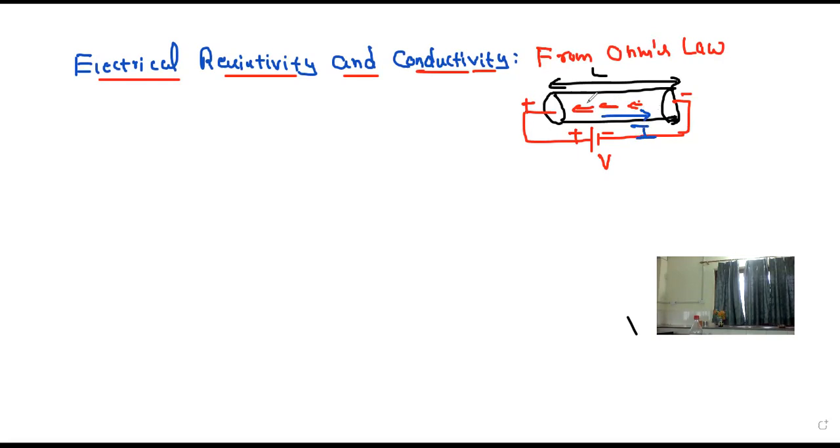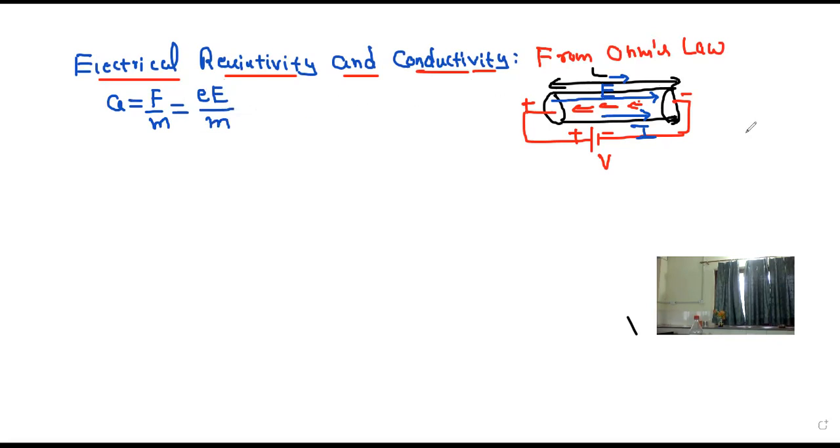So we know that these electrons will accelerate, and acceleration of the electrons is given by a = F/M. And we also know that the force on each electron can be written as eE, where e is the charge on the electron and capital E is the electric field. Here the electric field is from positive to negative. Always the direction of electric field is from positive to negative.